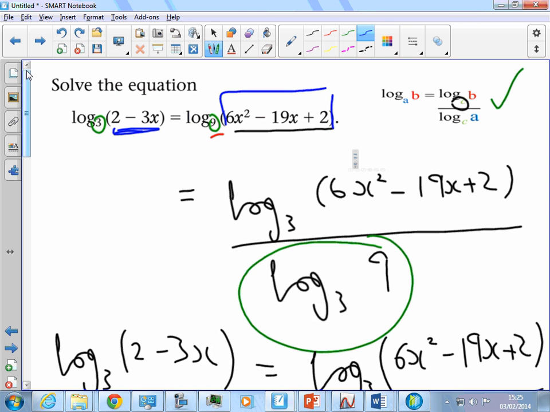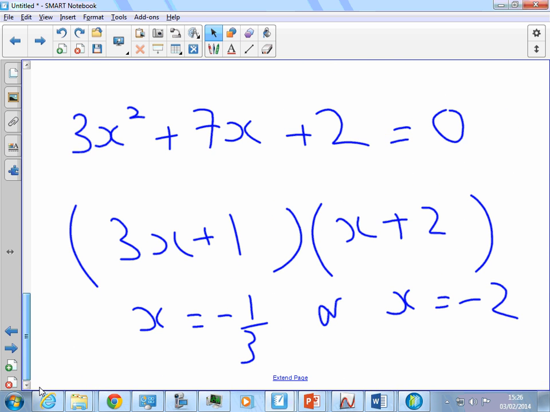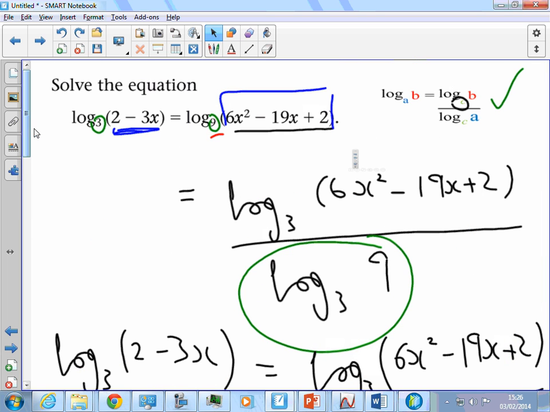I can't have log of a negative number, so I have to be quite careful. Here, what happens if x is minus a third? Let's substitute x is equal to minus a third into there. And when you do that, in both cases, you're going to have positive values on both sides for both x equals minus a third and x equals minus 2. So it's okay, but you always have to check back into your algebraic expression whether you end up with a log of a negative number, which you can't have. Okay, so you have to discount that solution.